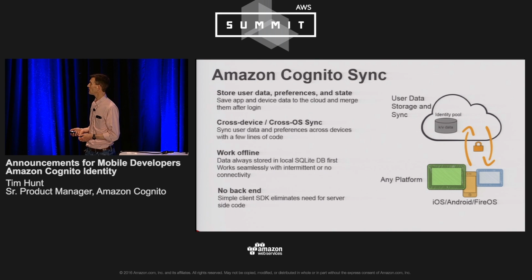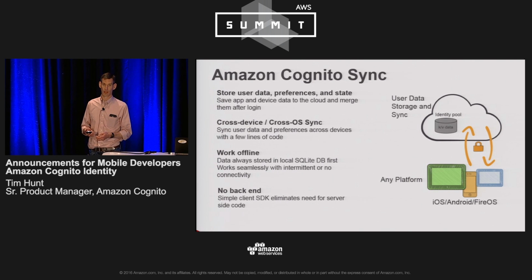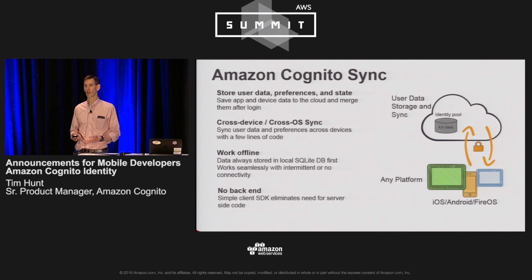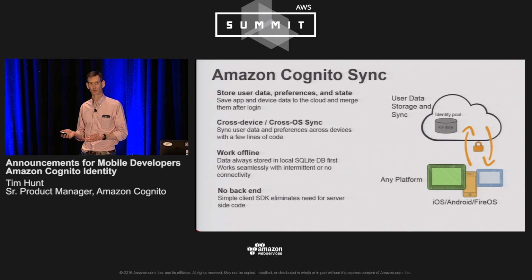A really nice way you could use this is if a user is moving from one device to another. It's kind of a drag if you're upgrading your phone and all your apps are going to start off at square one again. So Cognito gives you a really nice way to avoid that for your users. Once they sign in on that new device, you can sync all of their settings, and instantly they can pick up where they left off. So that gives you that ability to sync.